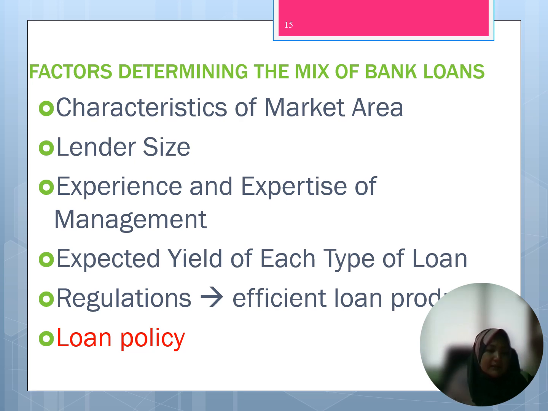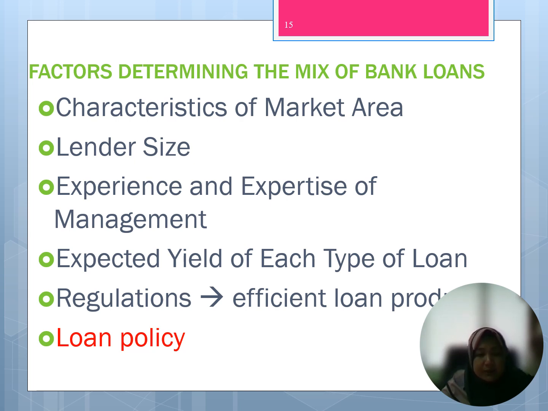Another factor that affects the loan mix or loan portfolio is regulation. Regulation is very important. Regulation is based on the supervision of central banks, to ensure banks produce efficient loans, not bad loans.